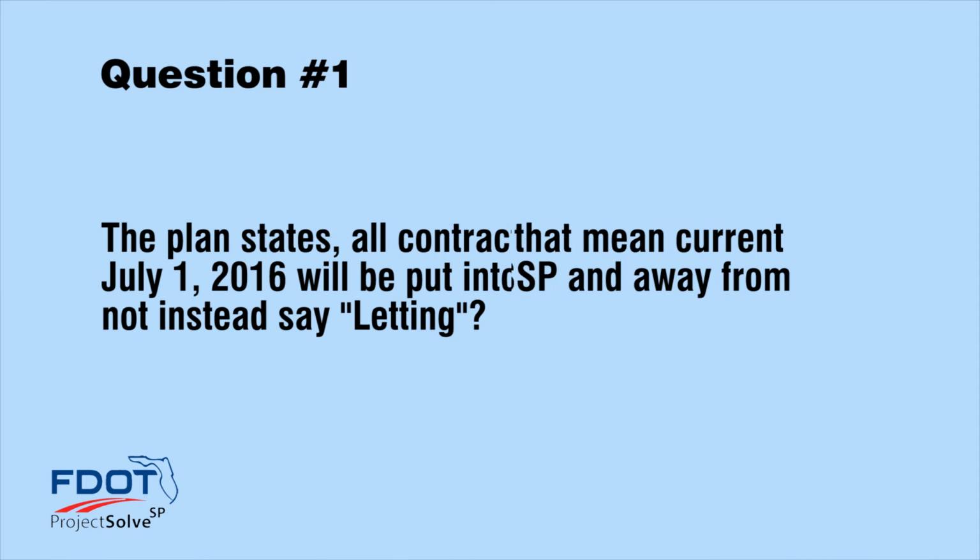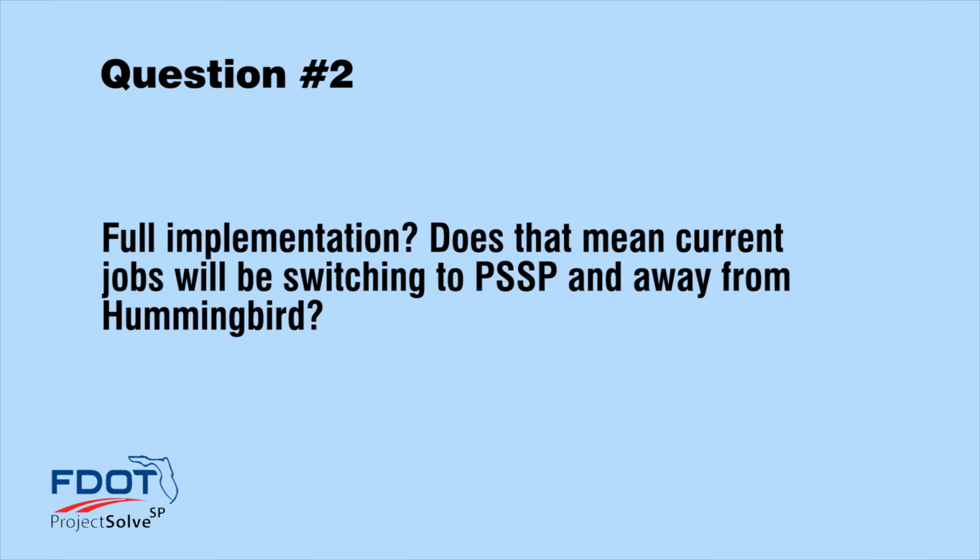That's correct. The next question: full implementation, does that mean current jobs will be switching to PSSP and away from Hummingbird? No, that means that anything let after July 1st will start in Project Solve. Those contracts that are currently ongoing, you would finish those out like you're doing them now.